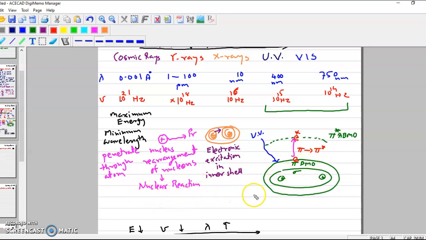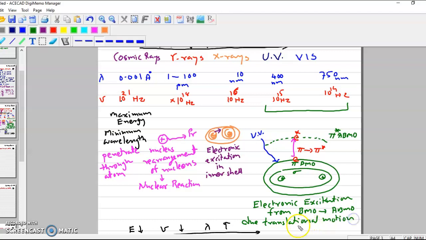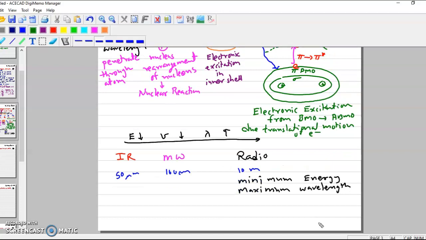Here we consider this as electronic excitation of electrons from BMO to ABMO, and this is due to translational motion of the electron.